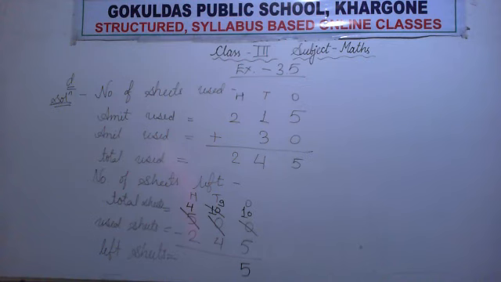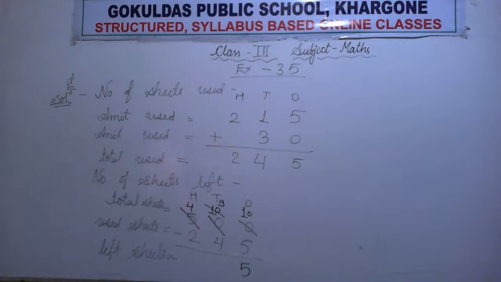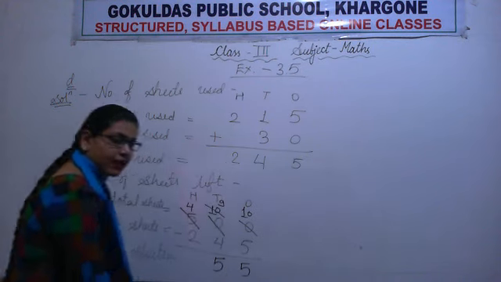So close 4 fingers. Now count the number of fingers left. How many fingers are left? Very good. 5 fingers. So we will write the number 5.